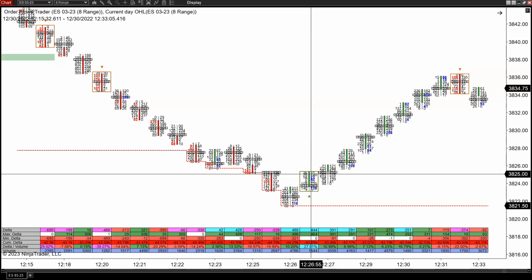If we're at the high of the day, you'd be looking for reasons to sell it. And one of the clearest, most obvious reasons to sell off of a high is aggressive selling, in the form of imbalances in the market. Just as if you're buying off a low, one of the sure signs is aggressive buying off of buying imbalances.